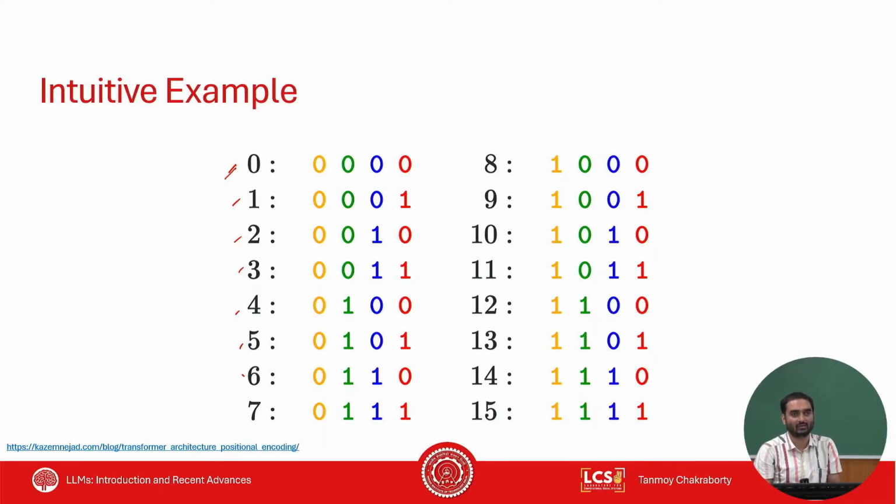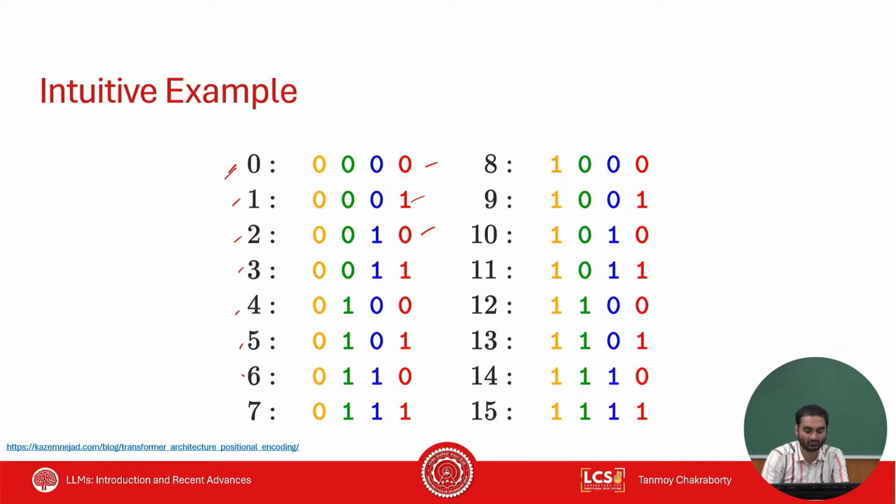Let's assume that every position is encoded by a vector of size 4. If I use the binary number concept, you can encode 0 by 0, 0, 0, 0, you can encode 1 by 0, 0, 0, 1, 2 by 0, 0, 1, 0 and so forth. You basically convert every integer to a binary.